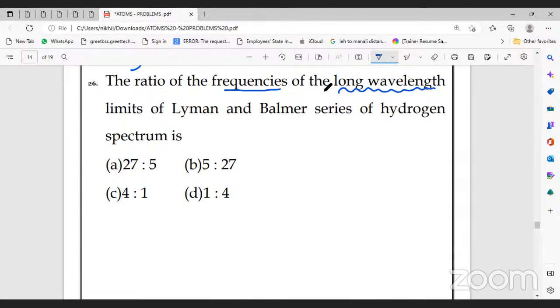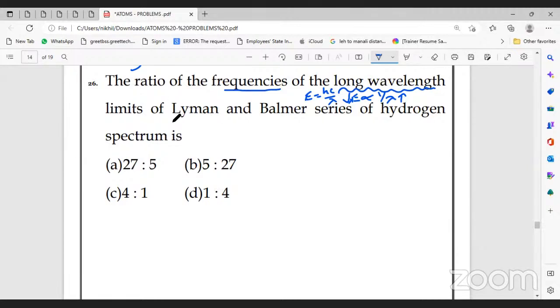Long wavelength means energy must be low, because you know that energy is equal to hc by lambda. E is inversely proportional to the wavelength. So in order to get the longest wavelength, the energy must be the minimum.